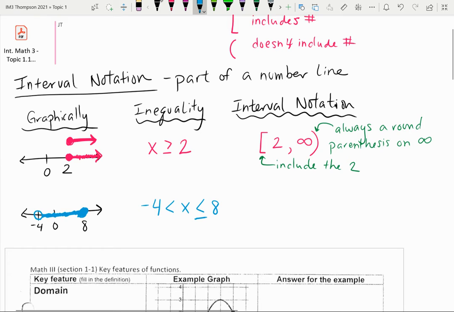The underlined inequality, the "or equal to," is going to correspond to that square bracket. So now for my interval notation, I have the numbers between -4 and 8, but -4 is not included and 8 is included.